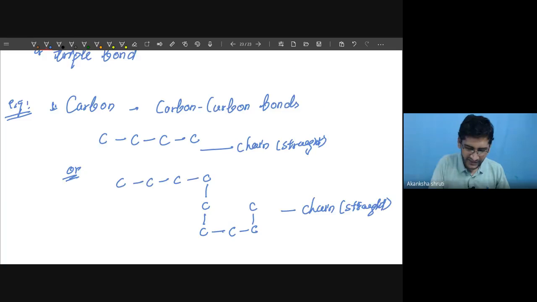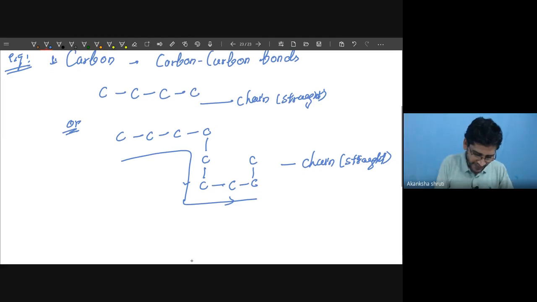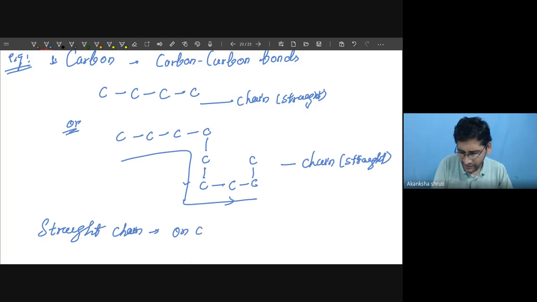If you are thinking that there is just a change in direction, then it is not branching. A straight chain simply means it has only two terminals. That is the method to identify the chain in chemistry.